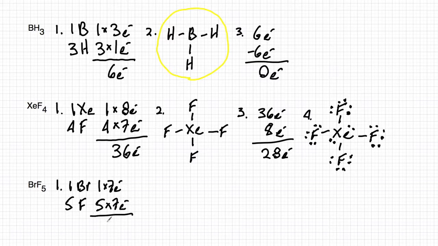And so that ends up being 42 electrons. For step 2, well, let's see. Looks like bromine's going to be in the middle of things, just to keep everything symmetrical. So we'll put the fluorines all the way around it.